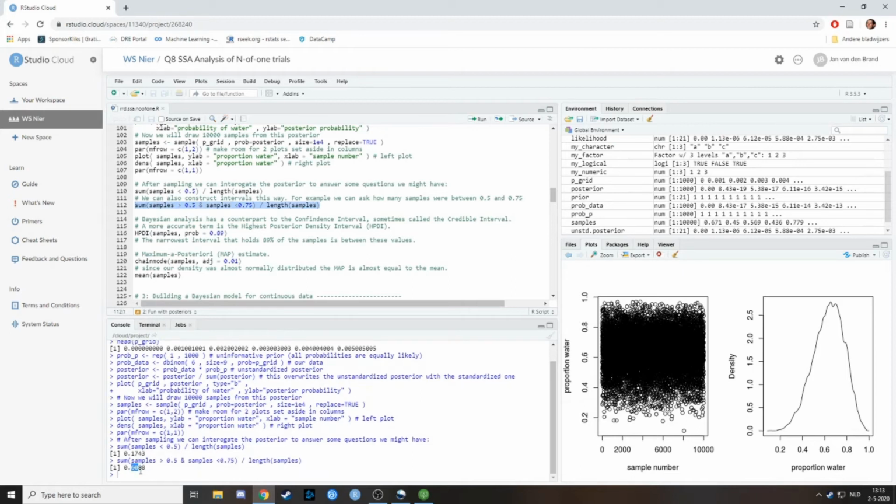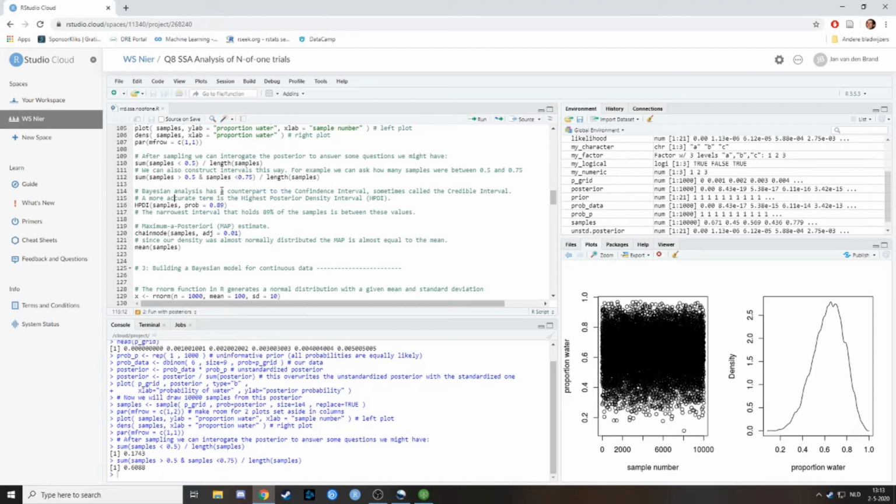And this is 61%. To be completely accurate, 6,088 of the 10,000 samples were between 0.5 and 0.75, so that's close to 61%. So out of this sampling of the posterior distribution, you can answer all sorts of questions.